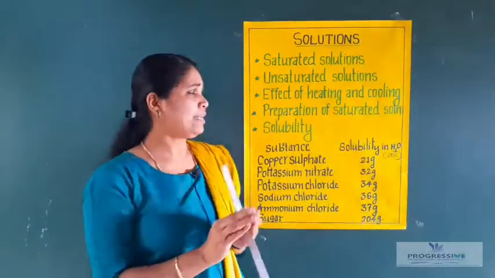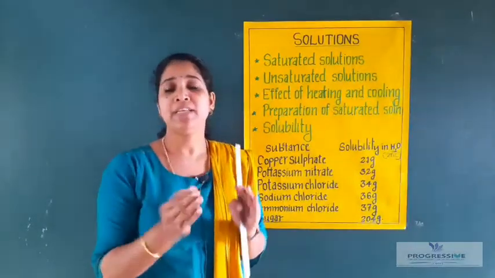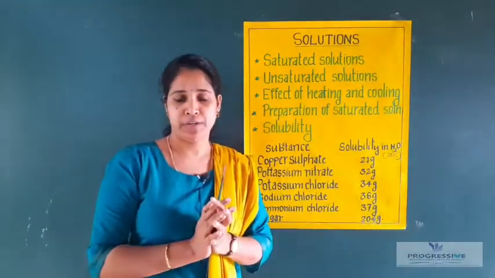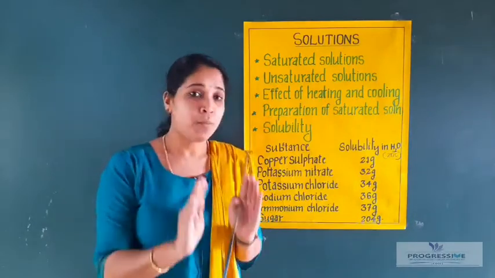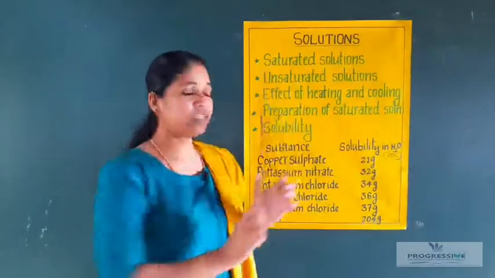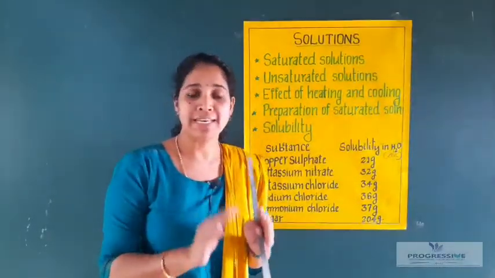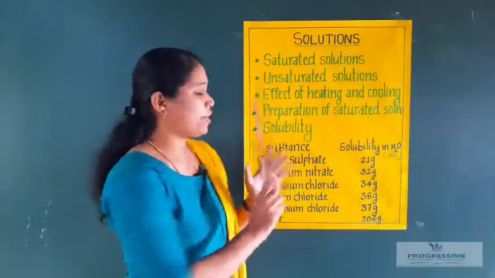Saturated solution means that in this solution no more solute can be dissolved. Understood? No more solute can be dissolved in the saturated solution. That means the maximum amount of solute is present in it.